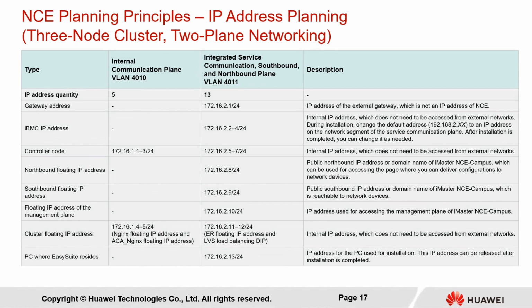So here's an example for your reference: how to plan the IP addresses. For a 3-node cluster working with 2 network planes, we need 5 addresses on the internal communication plane, such as the iBMC IP address, which is used for logging into the server.